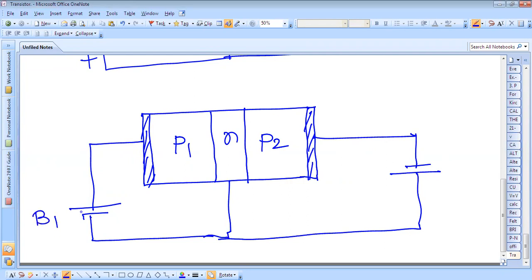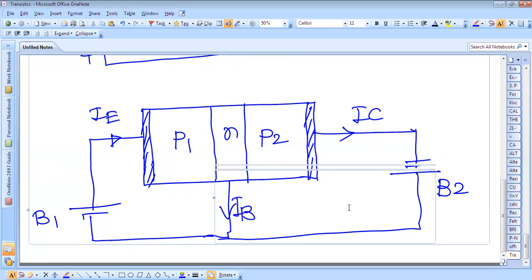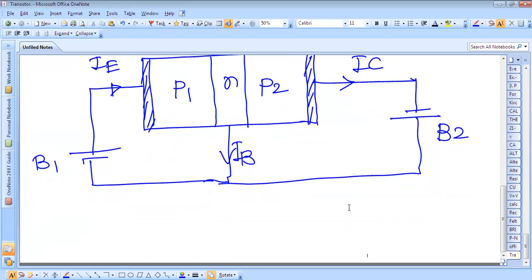This is B1 and this is B2, and this is the base current. As the current flows like this, this is the emitter current and this is the collector current. So this is the arrangement of the bipolar junction transistor.